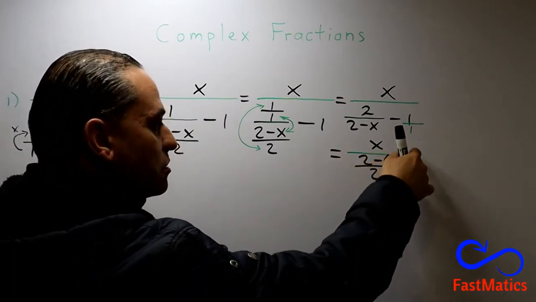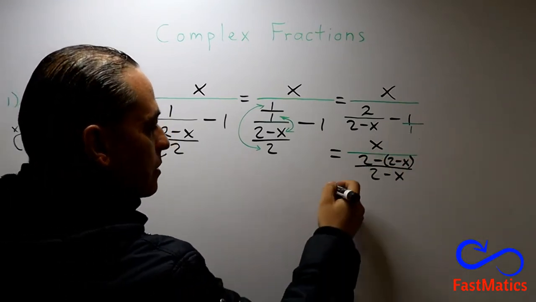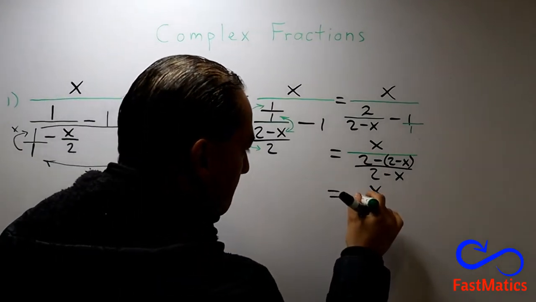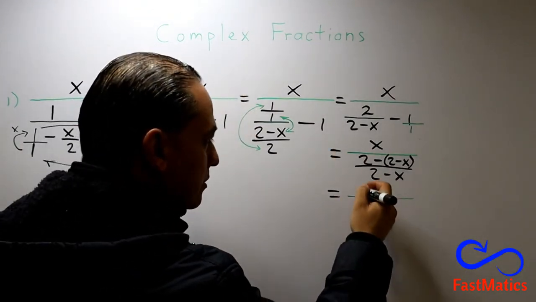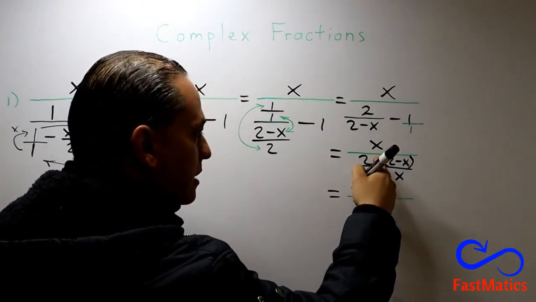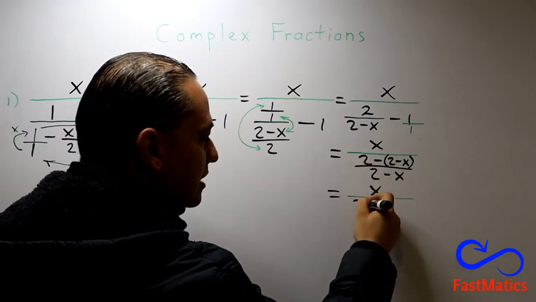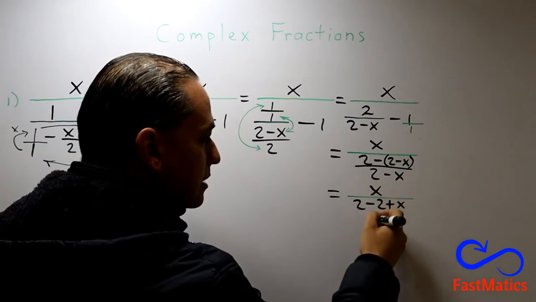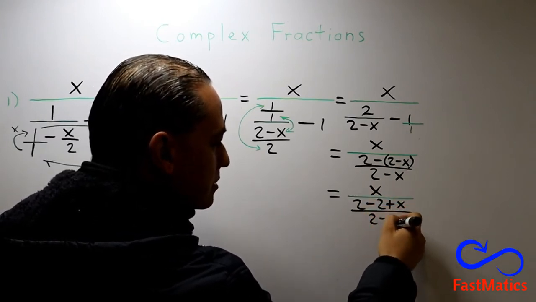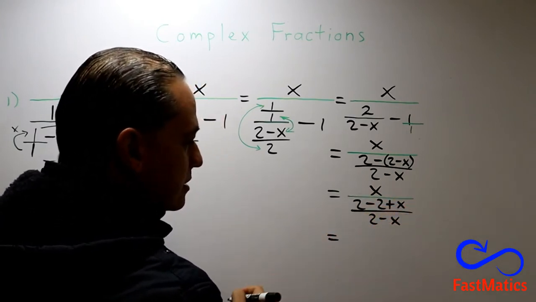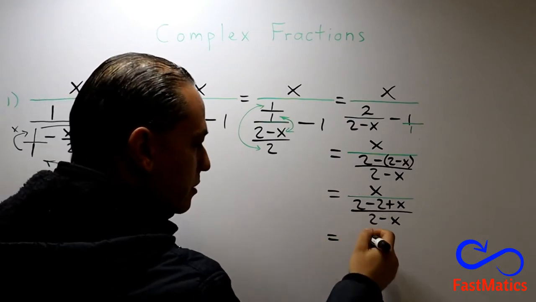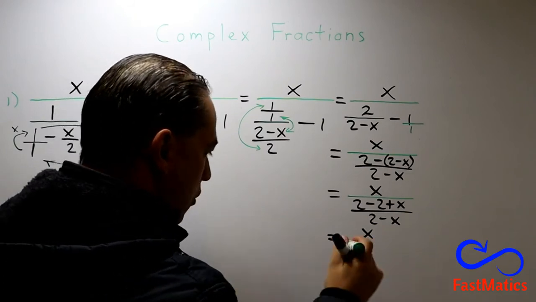So you need to put a parenthesis. So we simplify, and here we're going to have 2, negative times positive, negative 2. Negative times negative, positive x, over 2 minus x. After that, 2 minus 2, 0. So we are going to write x over 2 minus x.